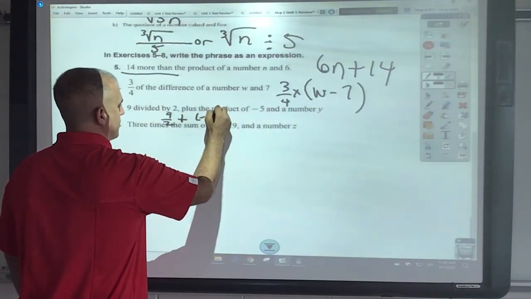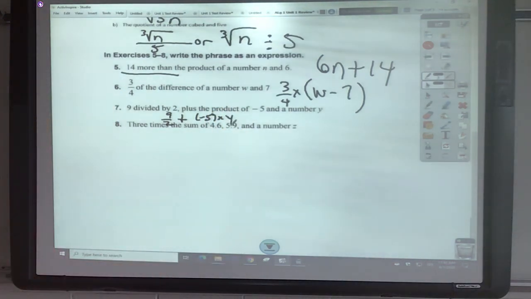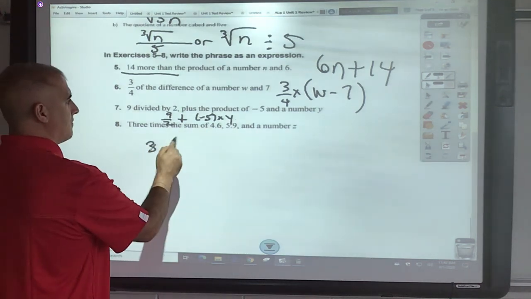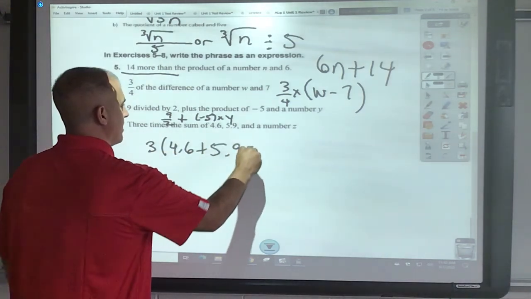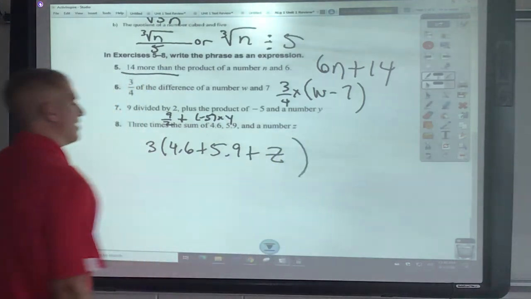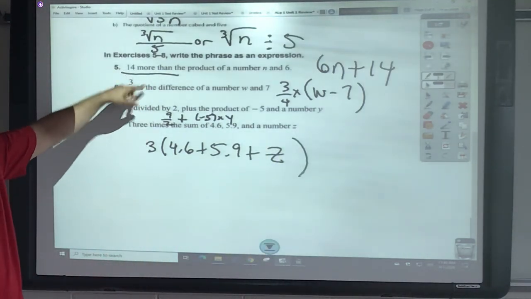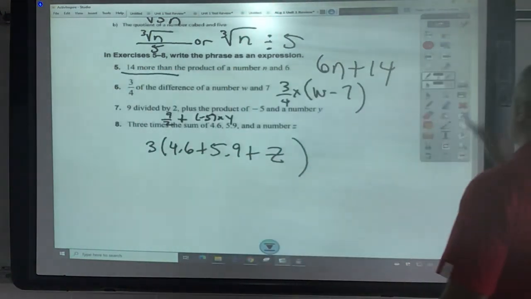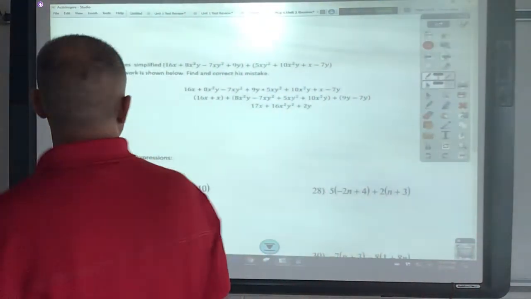So you can do it as -5 times y, or -5y. 3 times the sum of 4.6, 5.9, and a number z. So that's a quantity times. Anytime you have 3 times, as you can see, this of, that's referring to a multiplication symbol with a distributive property. Okay, moving on to the next part.